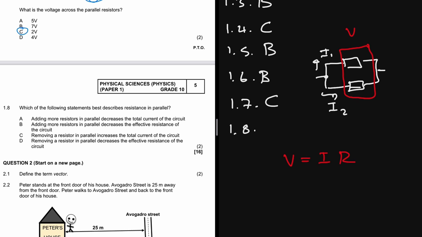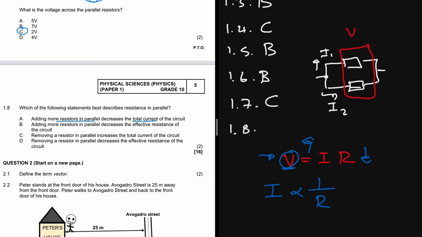So now the relationship that we're looking for is between the resistance and the total current. So this means now the voltage must be kept constant. And then now we can clearly see, if voltage is kept constant, current will be inversely proportional to the resistance, because if you increase current, you must decrease the resistance so that you keep the voltage the same.